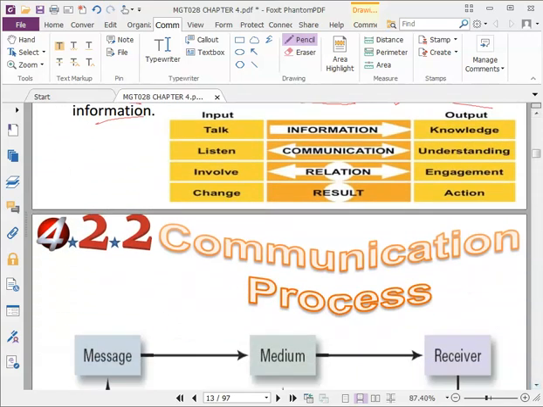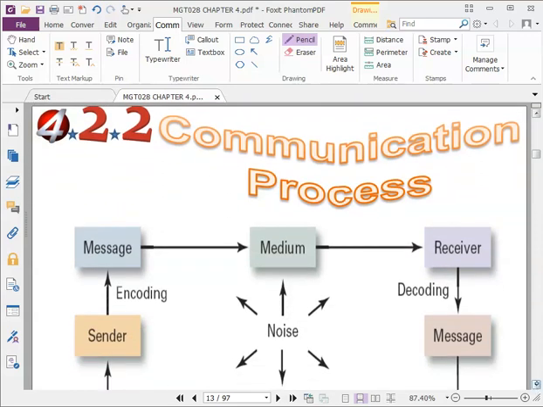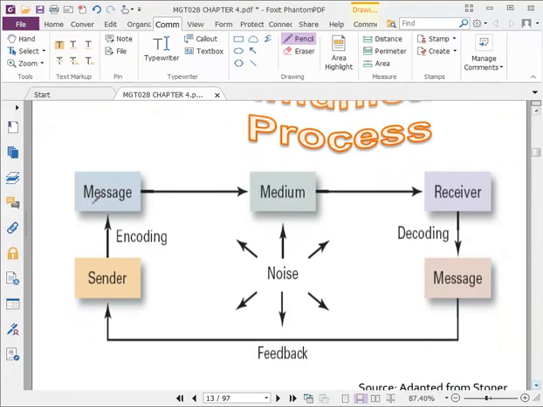So, after kita dah tengok the definition of communication, let's look at the process. In communication, what should we have? The first one, we should have a sender. Sender, siapa yang hantar?